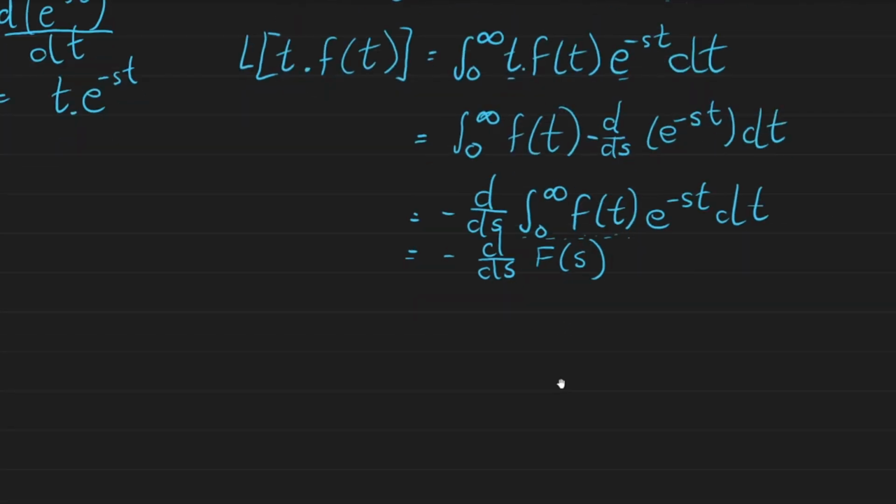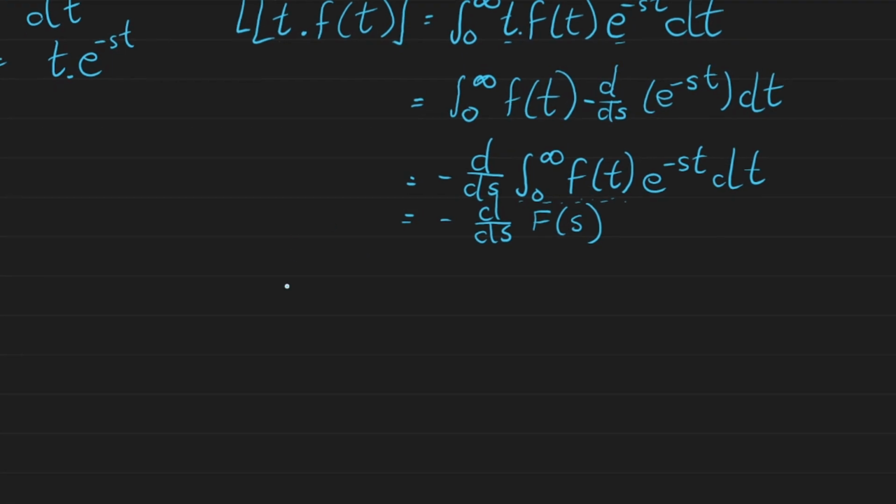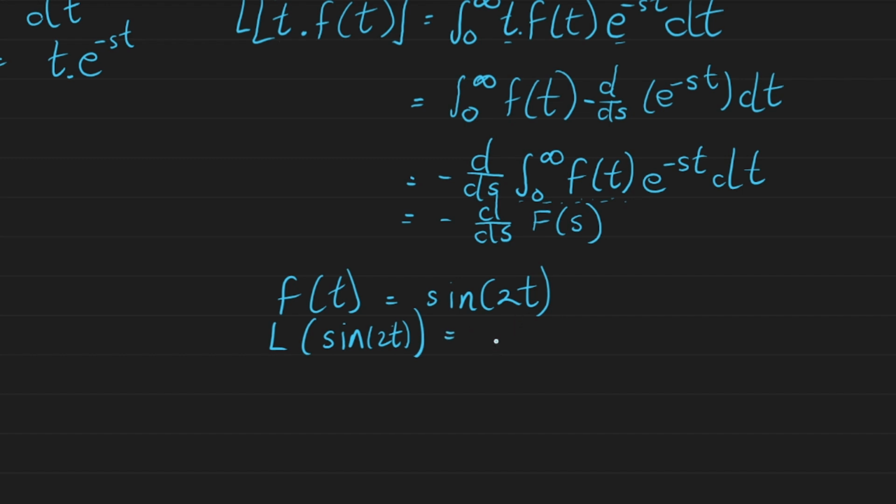Let's illustrate this with a simple example. Let's say we have f of t equal to sine 2t. Using our standard transforms, which you can look at in the previous videos, the Laplace transform of sine 2t is equal to 2 over s squared plus 4.